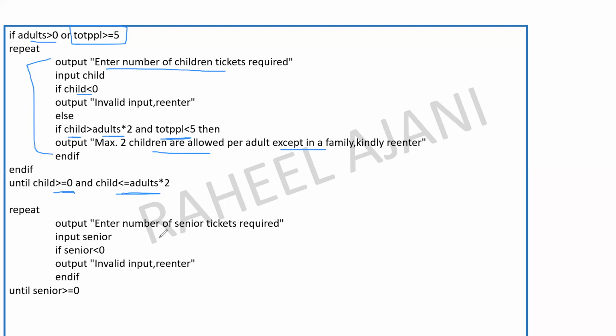Now, obviously, the same thing got repeated, that senior count cannot be negative. If you have entered a negative value, it will give an error, and the repeat until loop will take care that either your senior count is 0 or it is a positive value. So the validation check of all the 3 inputs is taken care of here.